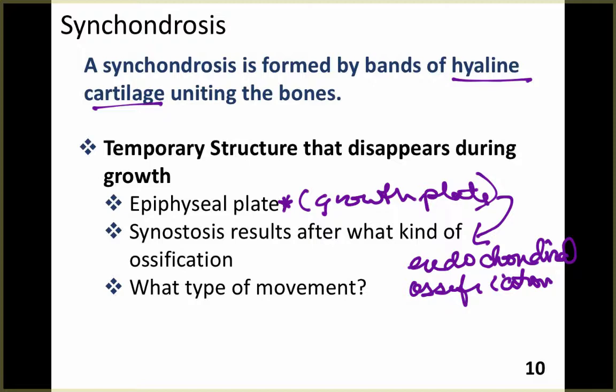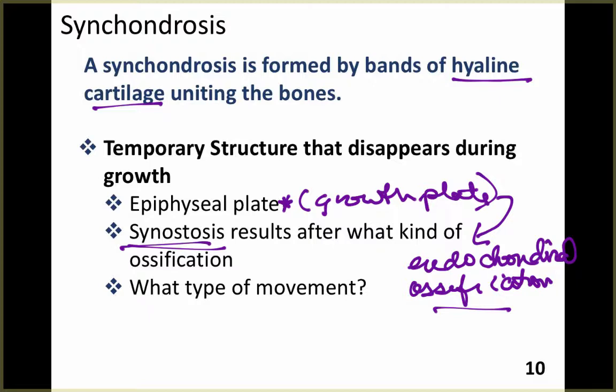Secondary ossification in long bones forms from this endochondral ossification that essentially forms the epiphyseal plate. And that epiphyseal plate plus the bone cartilage is called synostosis, right?